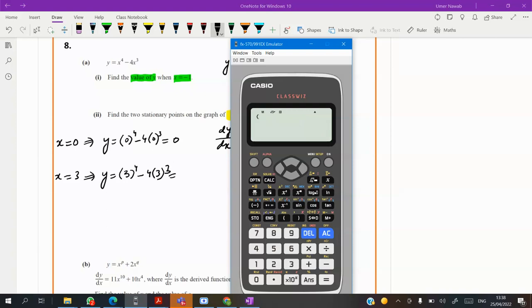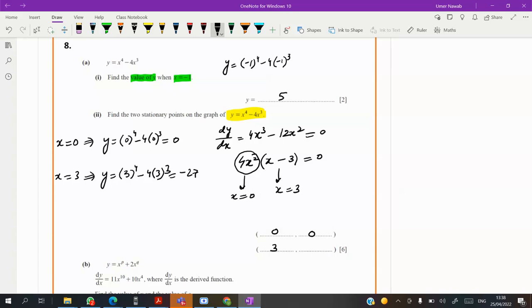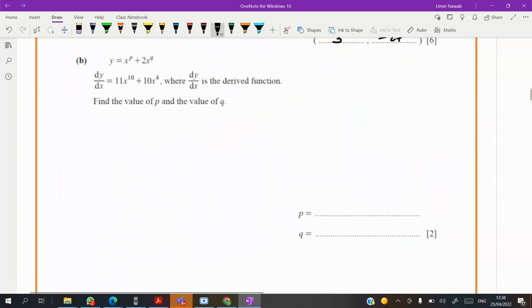So bracket open, close, power 4 minus 4, bracket open, close, power 3. So in the brackets, you write 3, and we got minus 27. Minus 27.